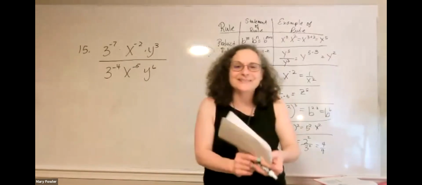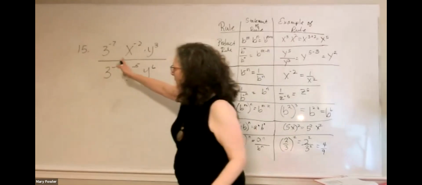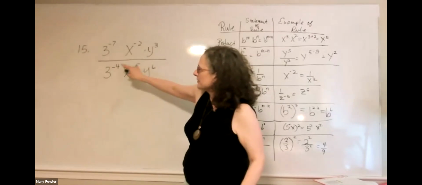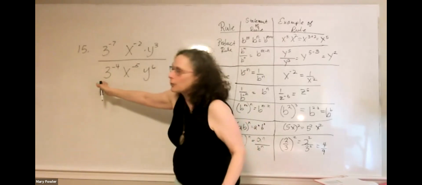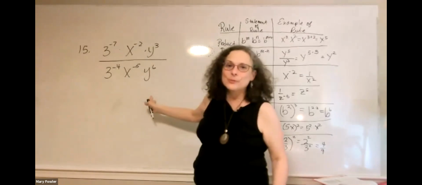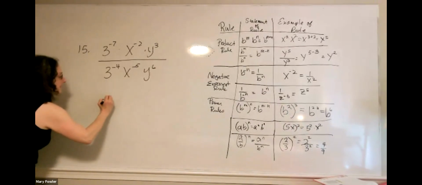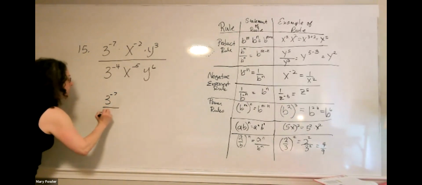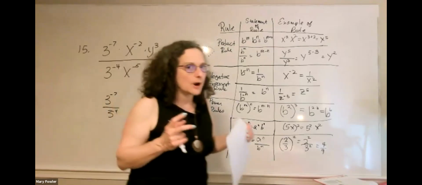Okay. Number 15, the last problem on the worksheet. What I'm going to do is consider this problem as 3 separate problems. We'll separate it. We'll work on the number bucket, the X bucket, and the Y bucket. So we get 3 to the minus 7, because we're really good at solving small problems.